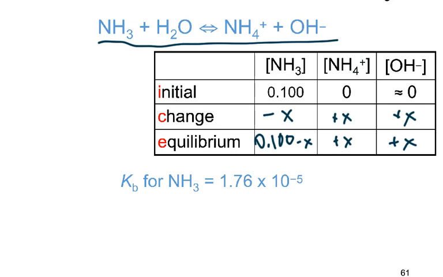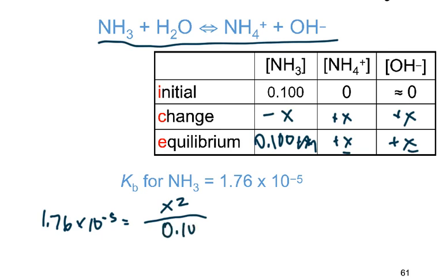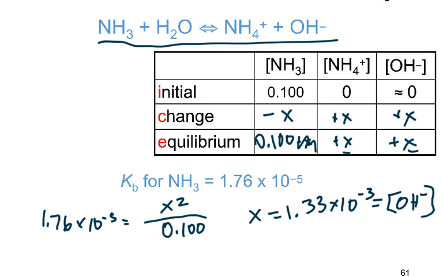And so our 1.76 times 10 to the minus 5 is equal to, and again, we can use our x is small approximation. So it's going to be x squared divided by 0.100. We can solve for our x. And our x value is 1.33 times 10 to the minus third, which, remember, in this case is our hydroxide concentration.